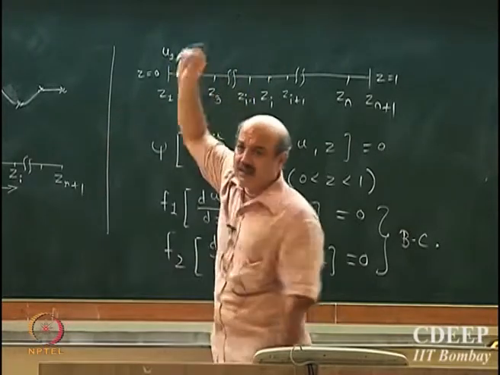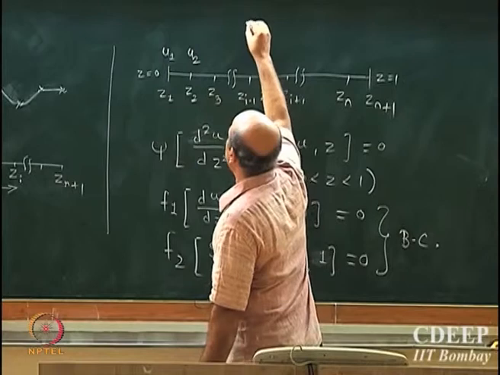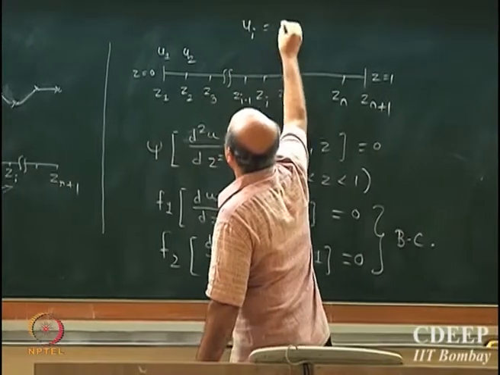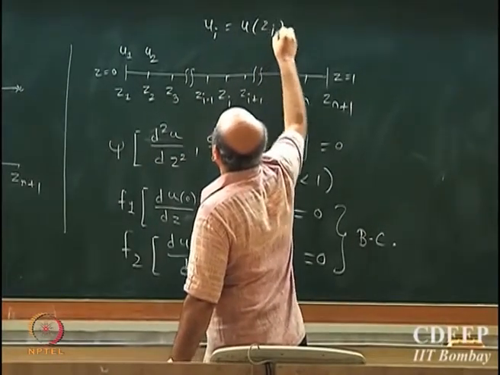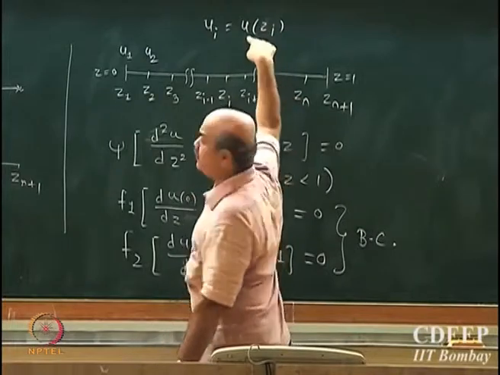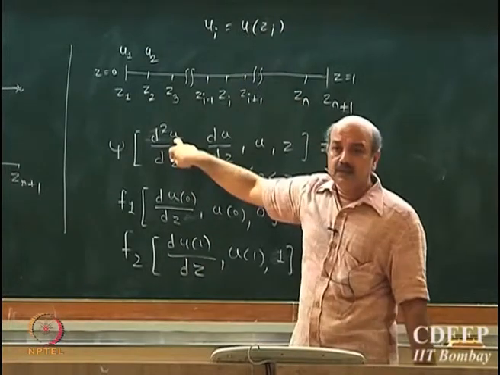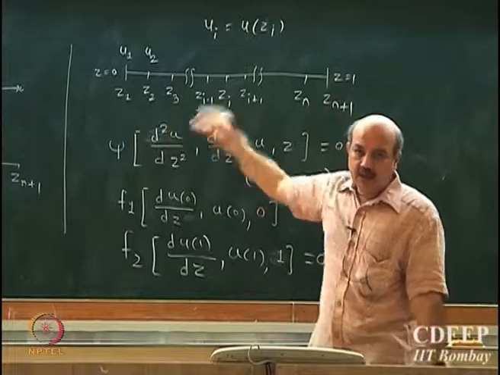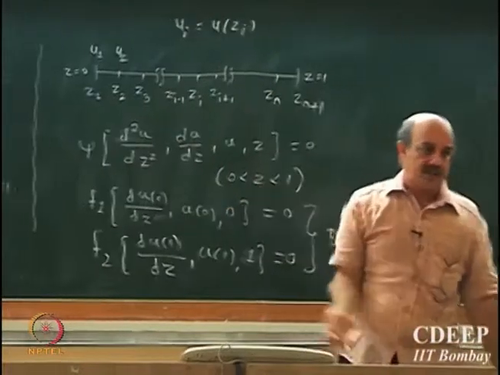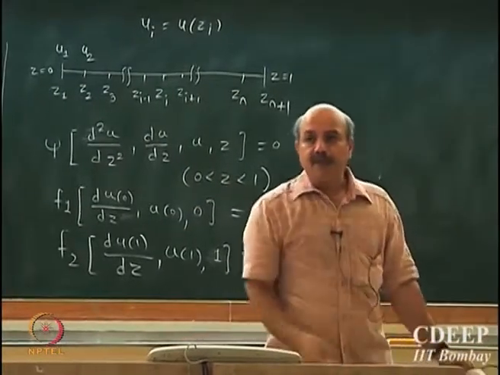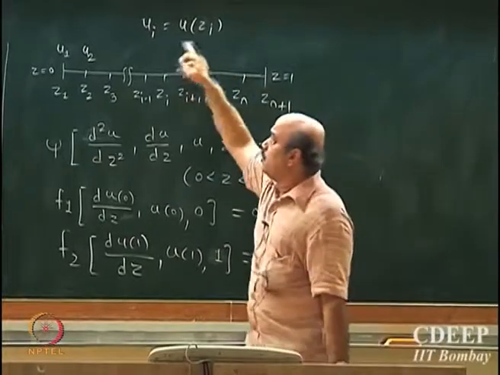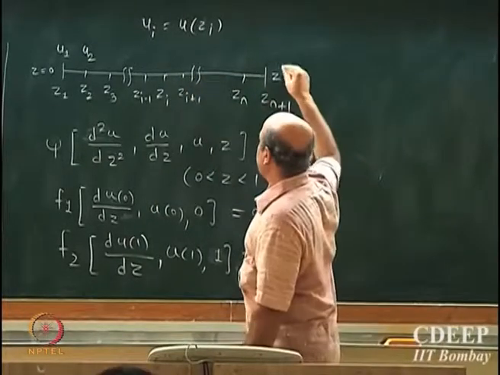So basically the same idea where we had said that ui is equal to u of zi, where u is the dependent variable here, the solution of the problem. It could be temperature distribution, it could be concentration distribution, whatever is the problem at hand. So this is my solution.